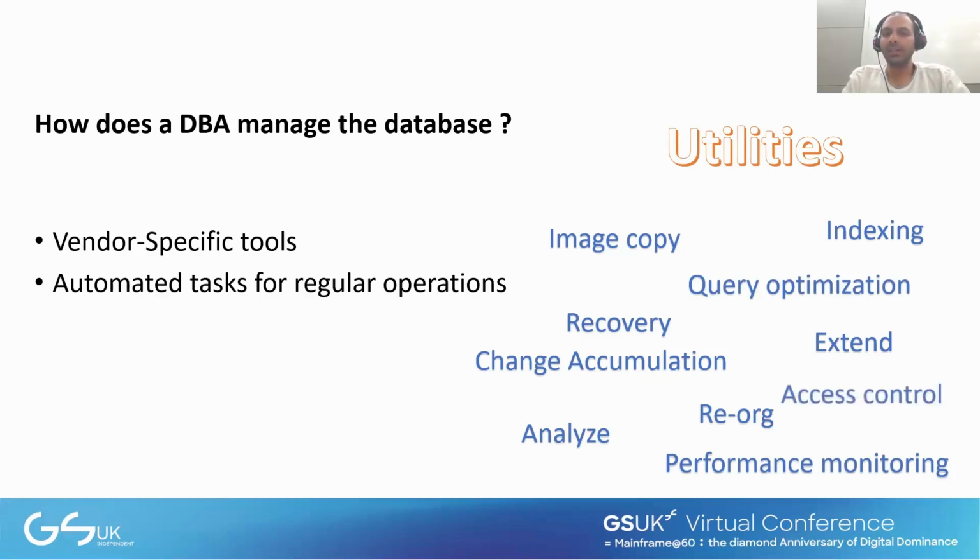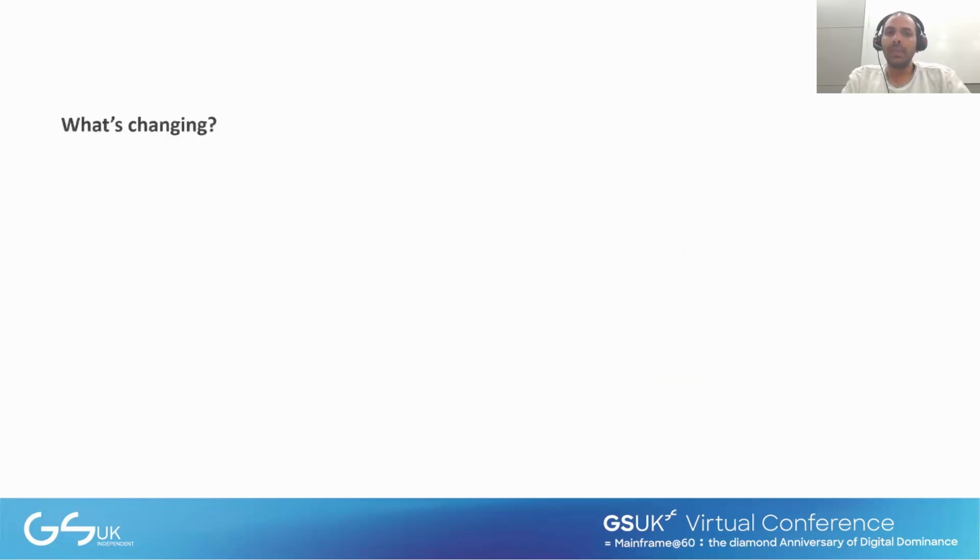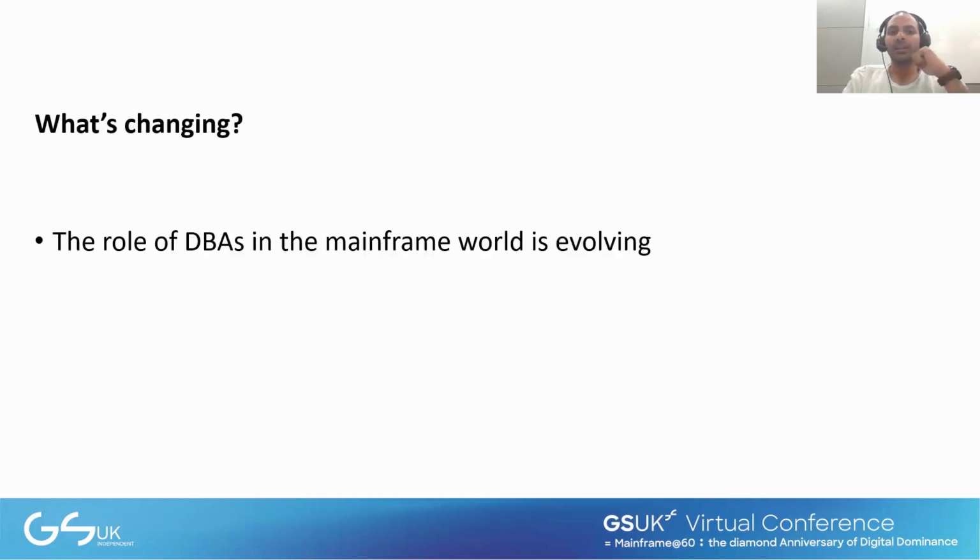And obviously the access control part. Security is of utmost importance, and the DBA needs to have a hold on the access control utilities as well. But what exactly is changing in today's time? The data is evolving day by day, the user base is increasing, and the volumes of data, the MIPS, the transactions, all these are increasing day by day.